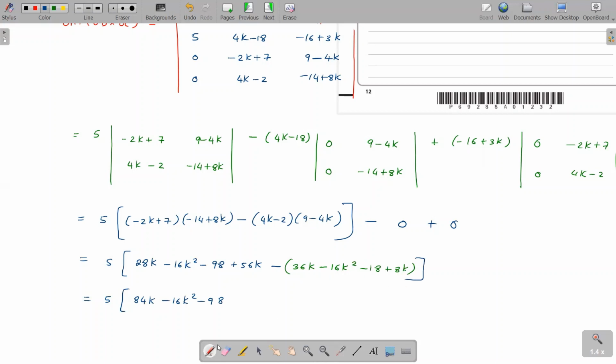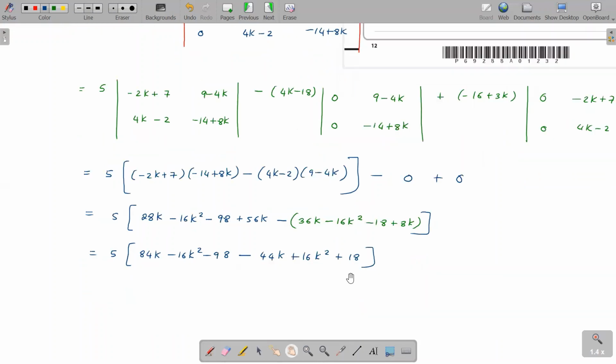With the minus sign, it becomes minus 44k, plus 16k square, plus 18. So when you simplify, I think we can see the minus 16k square plus 16k square cancels out. What do you get here? 84k minus 44k is 40k, right? 84 minus 44 is 40. Minus 98 plus 18 is minus 80. So multiply with 5.